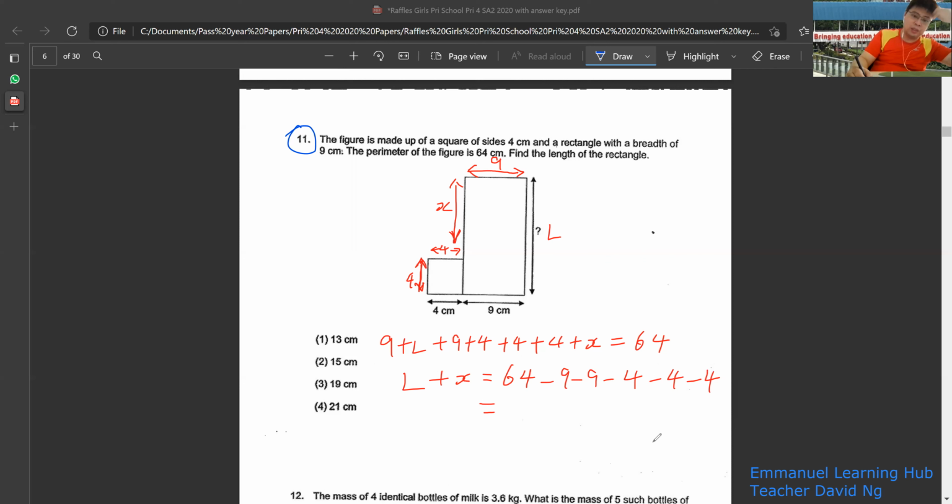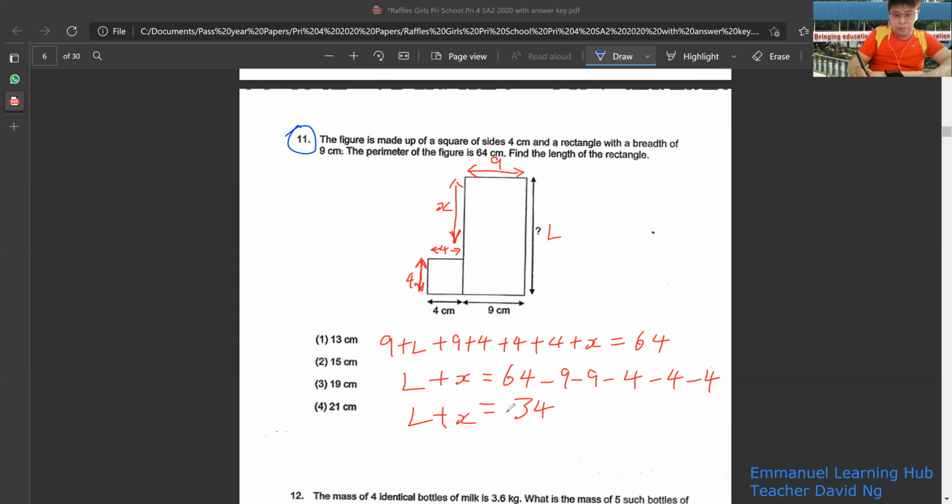Yes. So 64 minus 9 minus 9 minus 4 minus 4 minus 4 equals 34. L plus X is 34.